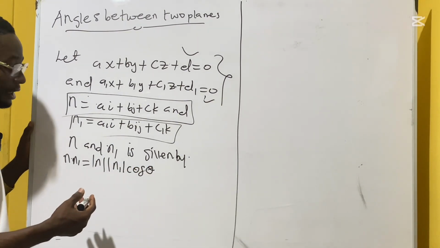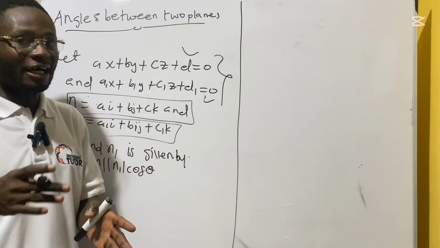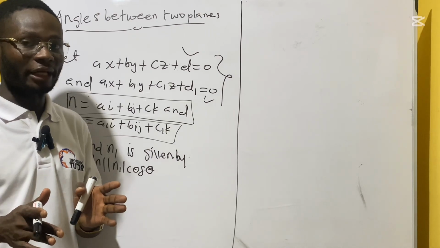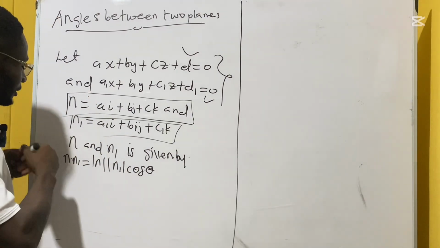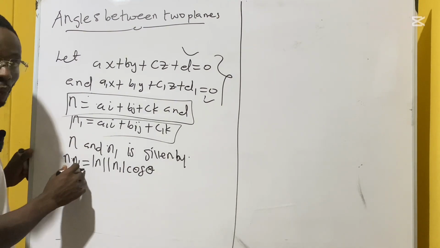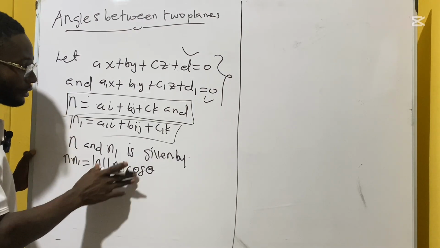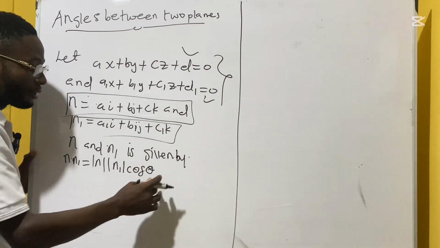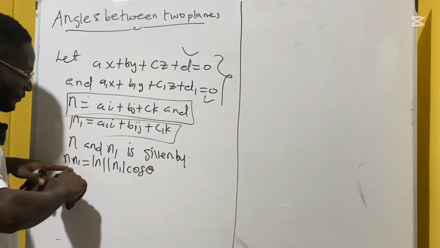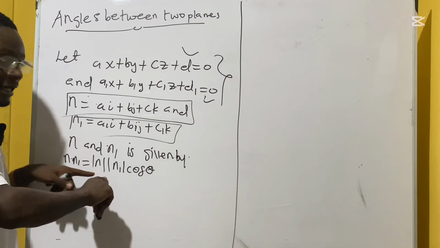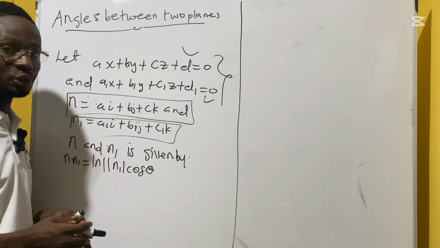That is how we obtain it, just like finding their normals. Once you have the dot product and their magnitudes, you are good to go. You can easily obtain the angle between them.